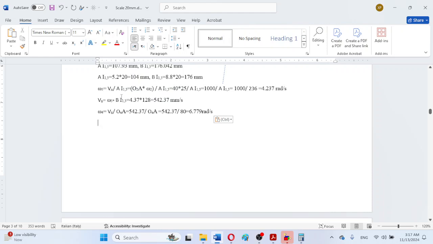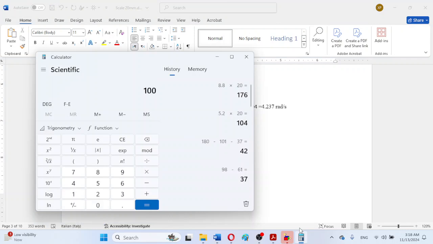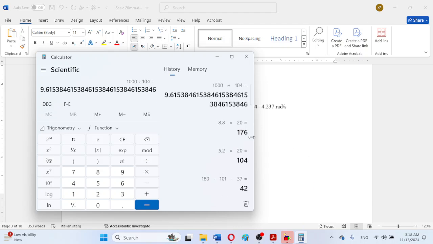Here omega 3 will be equal to VA divided by AI13, so change it here. In our case this is equal to 104. So 1000 divided by 104, this result is 9.61 radian.